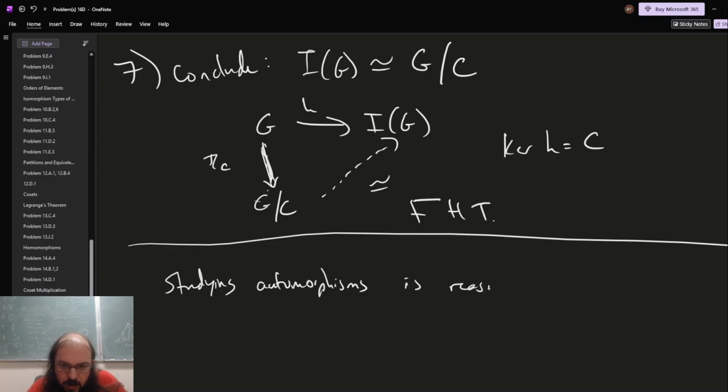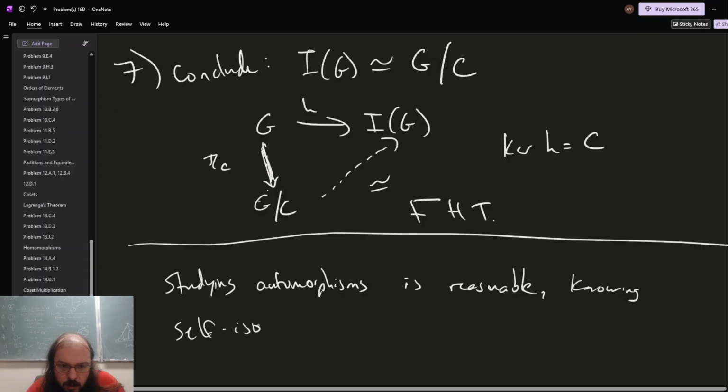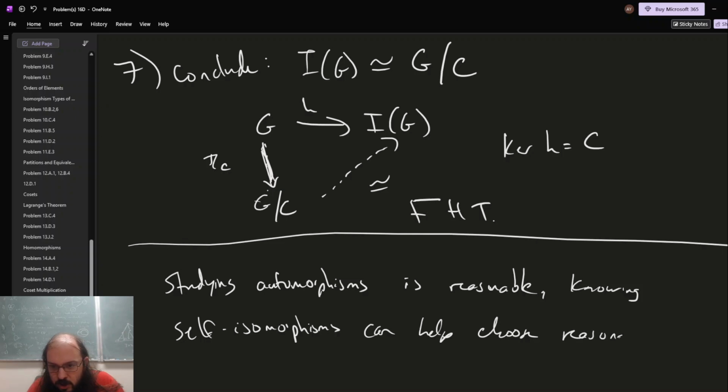In other words, you could ask, is there some automorphism of the group, some self-isomorphism, some other way of writing the group that might be easier to work with? You want to know these because they can help you choose reasonable ways of doing calculations.